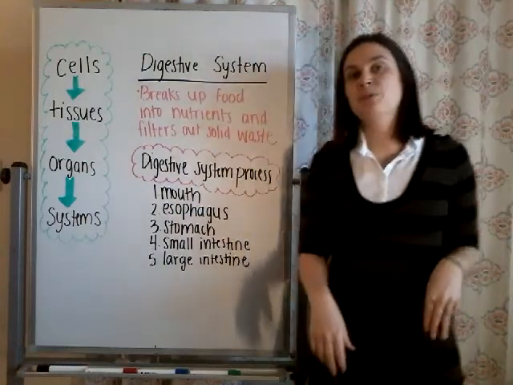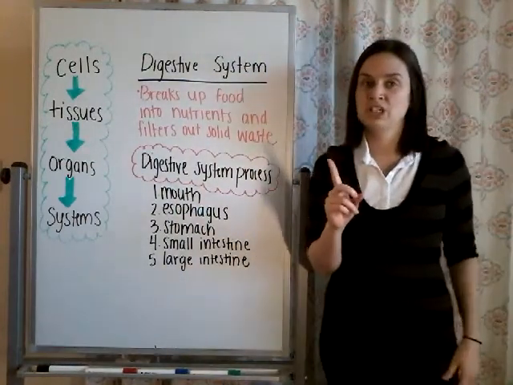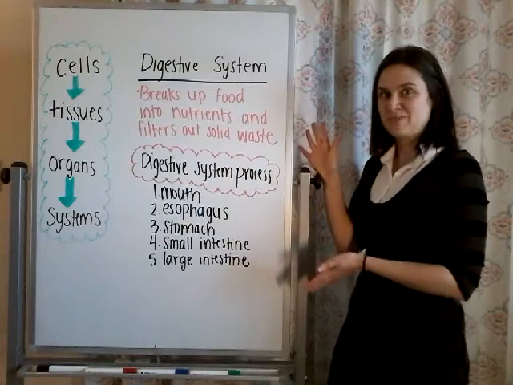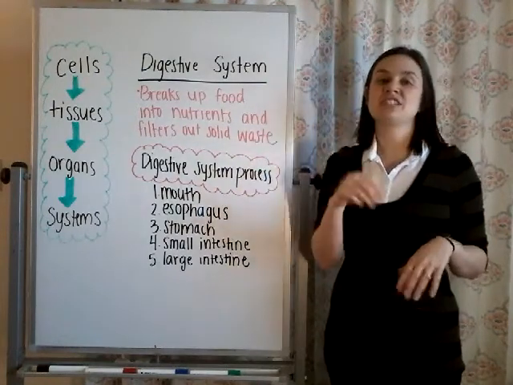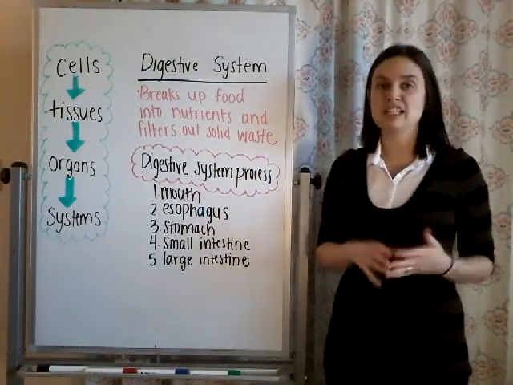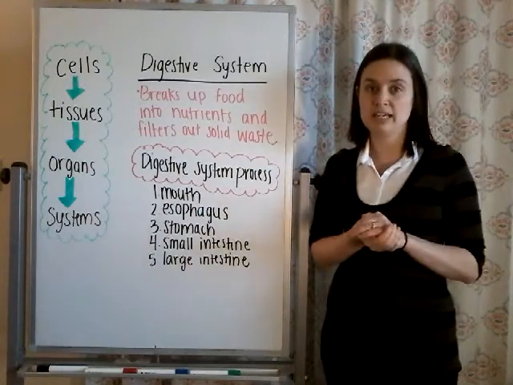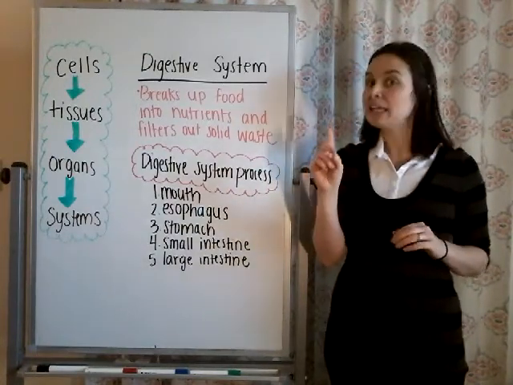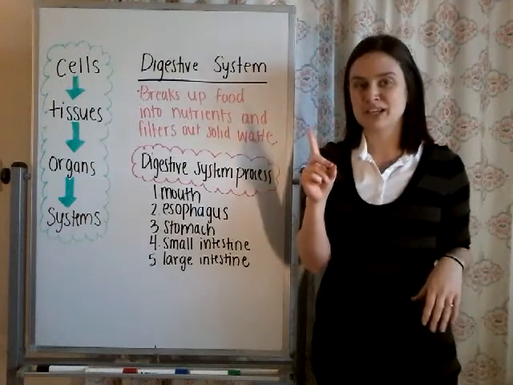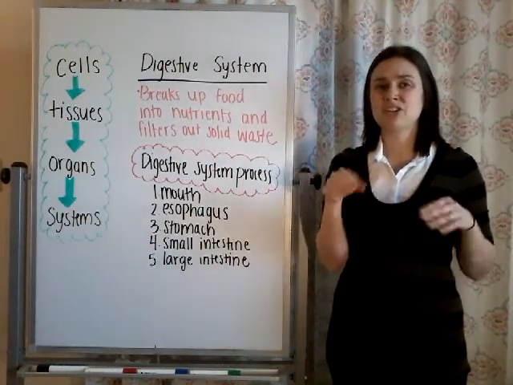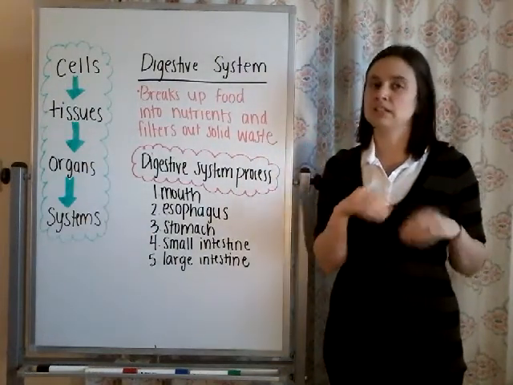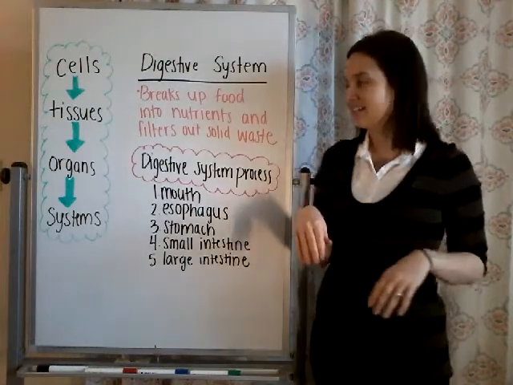Last time when we were together, we were focusing on one system in particular, the digestive system. So we learned that the digestive system's function in our body is to break down the food that we're eating into either nutrients that we keep in our body because they help us grow big and strong, or filtering out the solid waste that we would want to leave our body because that is not going to help us.